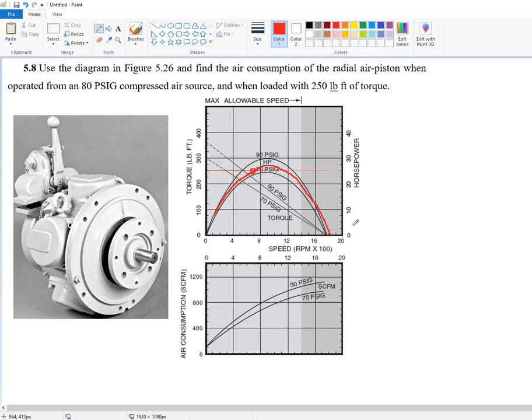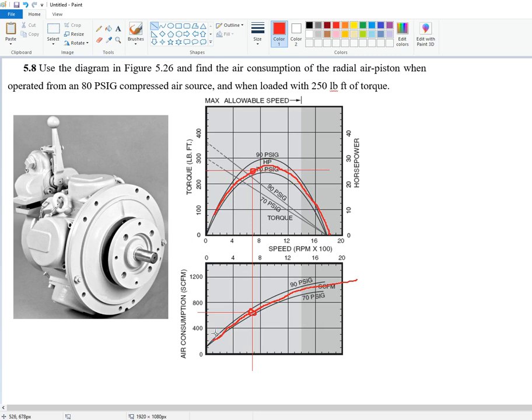Okay, and I lower this. Actually, I can draw a straight line now. Straight line, and then I draw again an in-between curve for 80 psig, and I have the intersection point, and I can read air consumption.